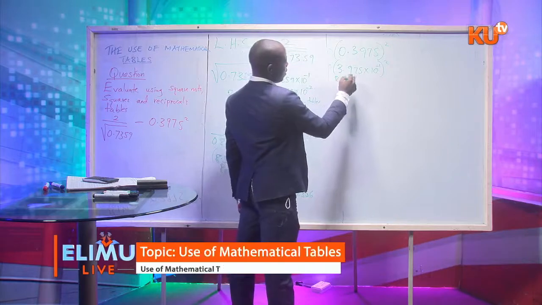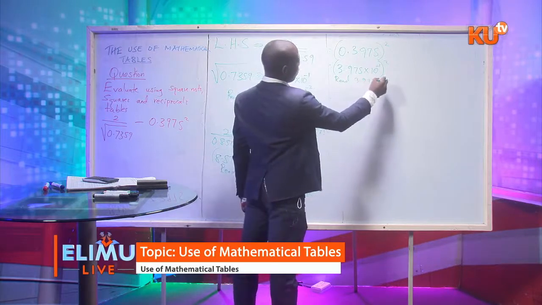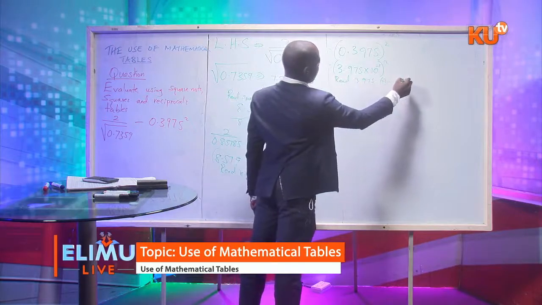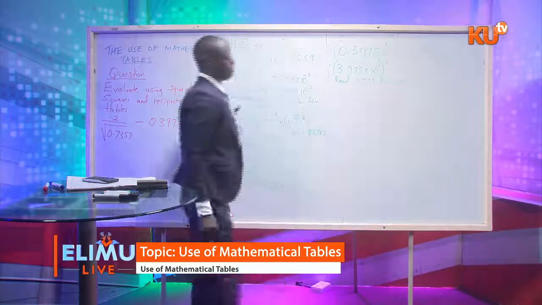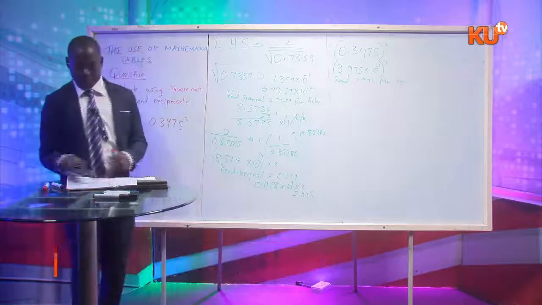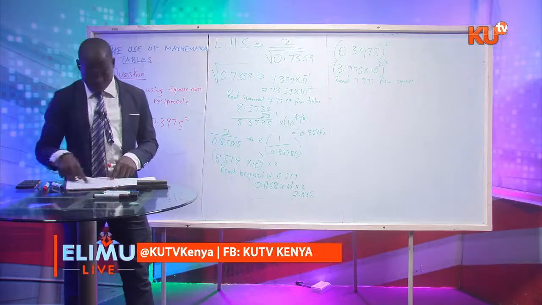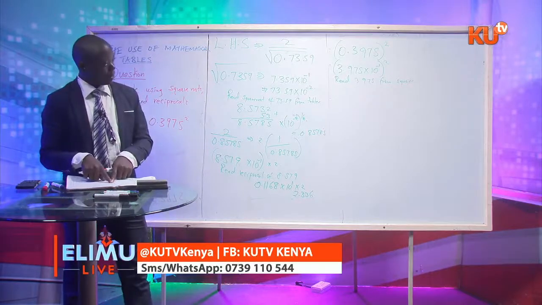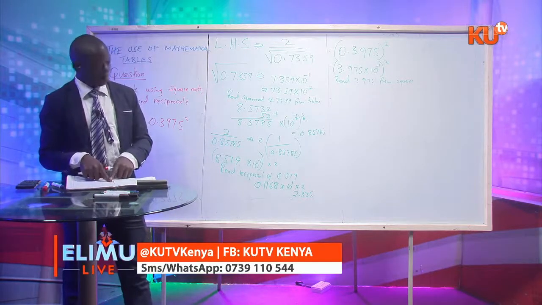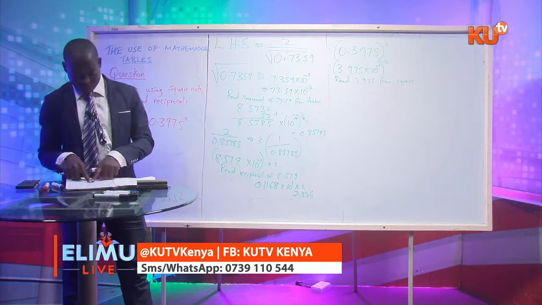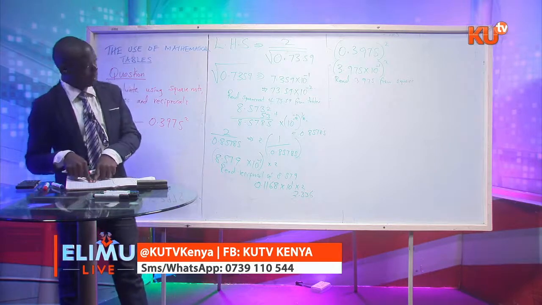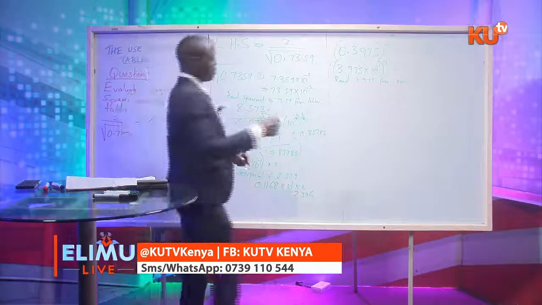So we read 3.975 from squares. 3.9. Check from your page number 19. 3.97. That is 15,761.